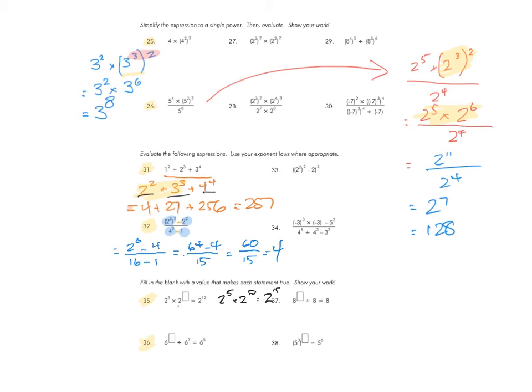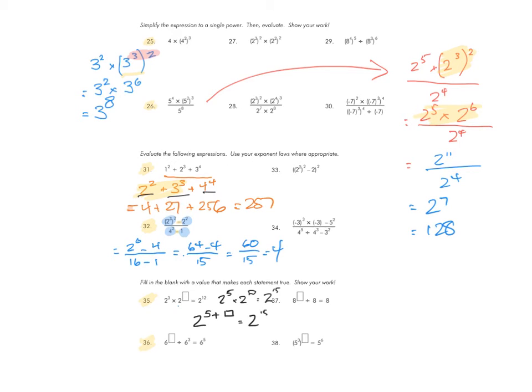So when we multiply, we add exponents. So what that means is we're going to have 5 plus blank, and blank is just a variable. So we don't know what it is. That's equal to 2 to the 15.